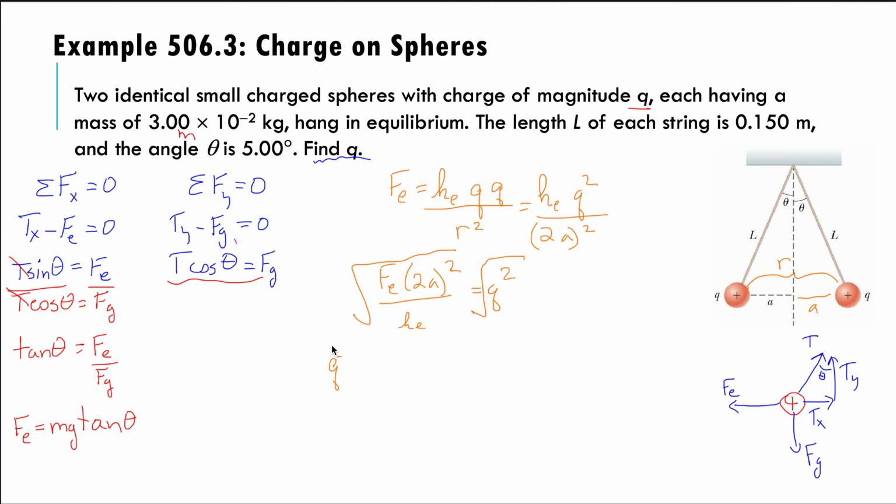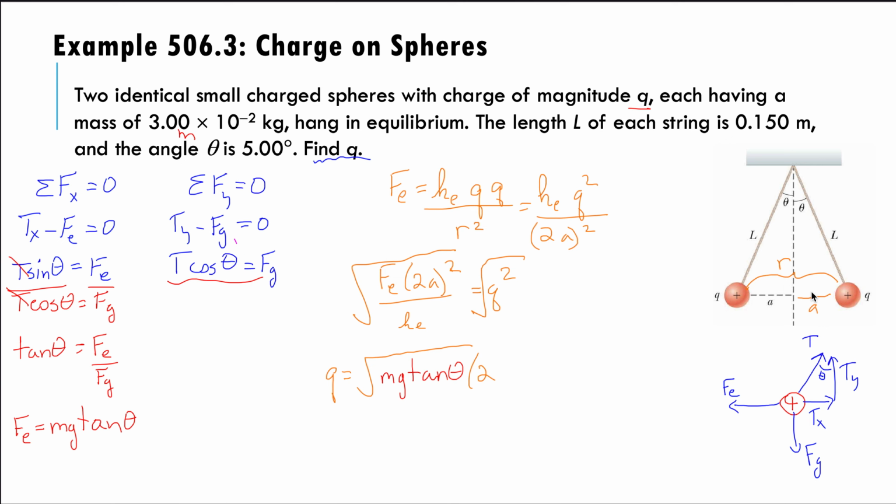So Q is equal to the square root of Fe. And let's go ahead and write in what we know for Fe here. Fe here is mg tan theta. And then we have times 2a.